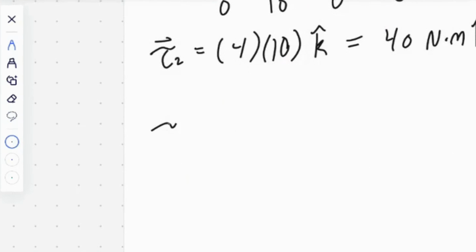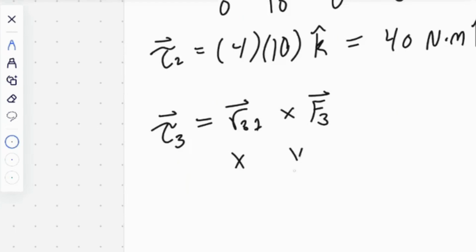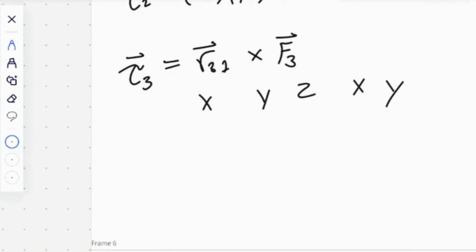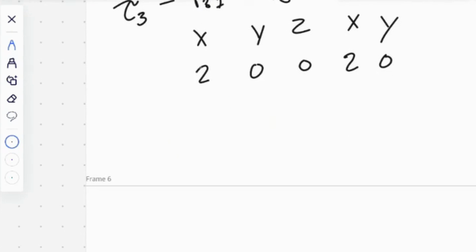Okay, last one here, torque number 3. For that one, it's going to be 2, 0, 0, and then minus 8 for the force in the y.